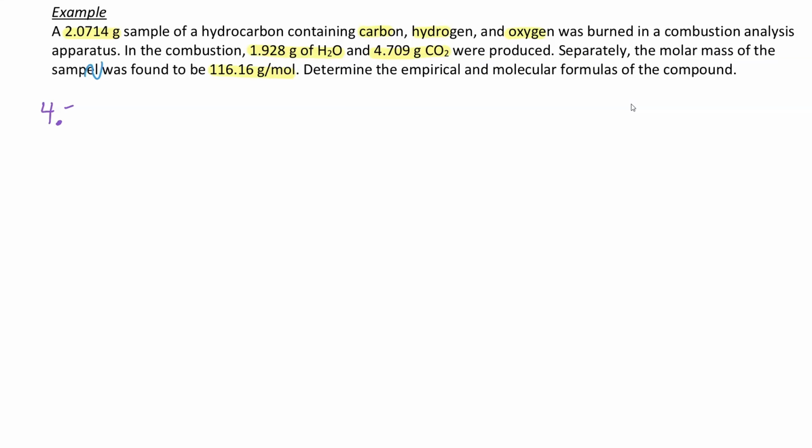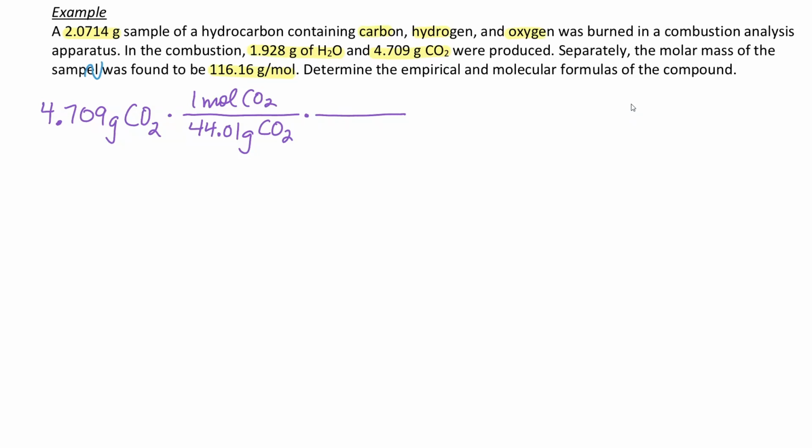So we're going to go 4.709 grams of carbon dioxide, change that into moles using our molar mass of 44.01. Somebody last period said it would probably be helpful to memorize those molar masses for CO2 and water. I mean, yeah, but even if you don't try to memorize those, we use them so much they're probably going to get stuck in your brain.